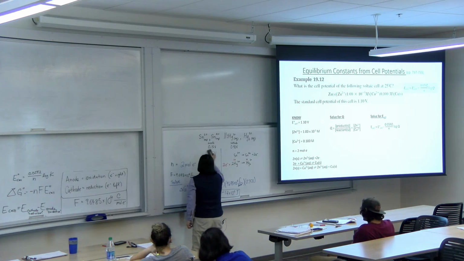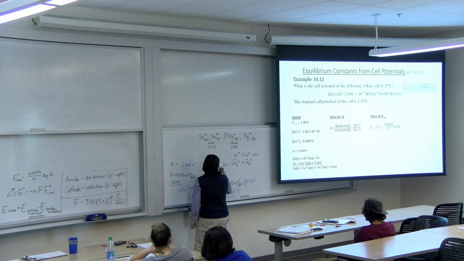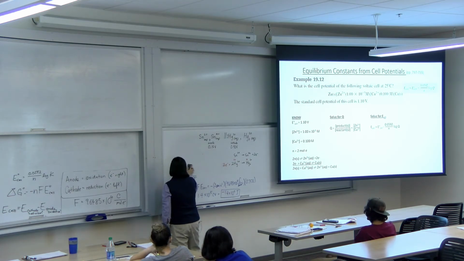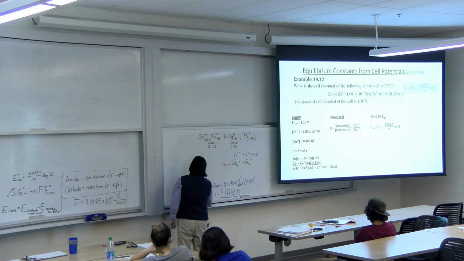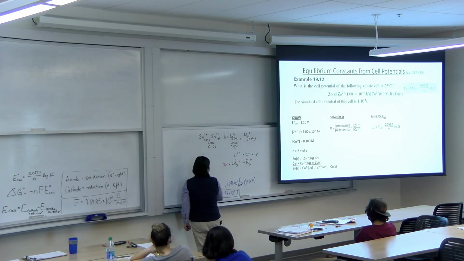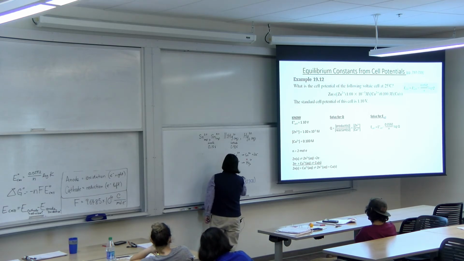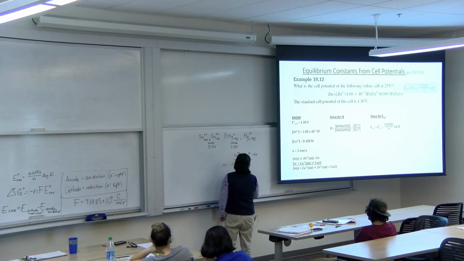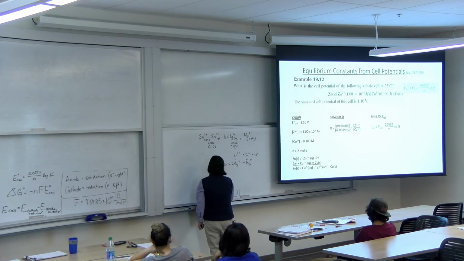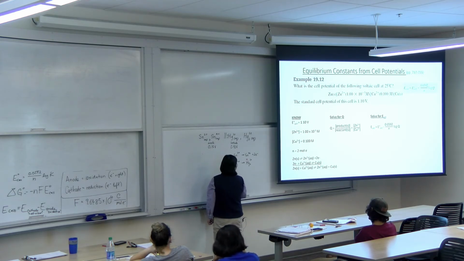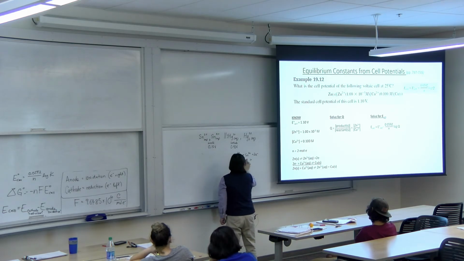You've got your zinc concentration and your copper concentration from your problem. Again, notice the concentration is written in your cell notation in parentheses. Right next to zinc 2 plus, you have in parentheses 1 times 10 to the minus 5. And next to copper 2 plus, you have in parentheses 0.100 molar to indicate the two concentrations.